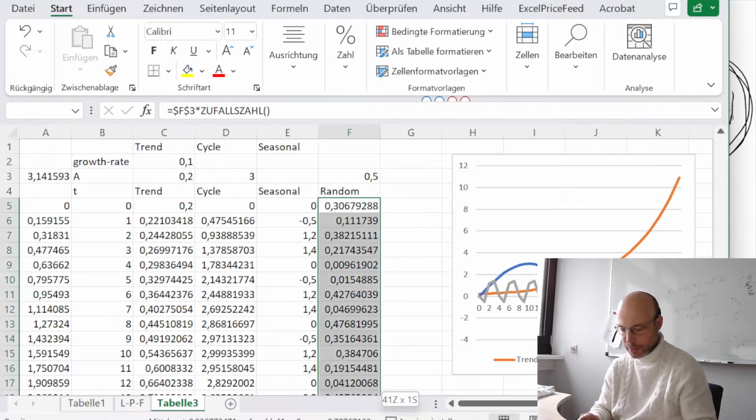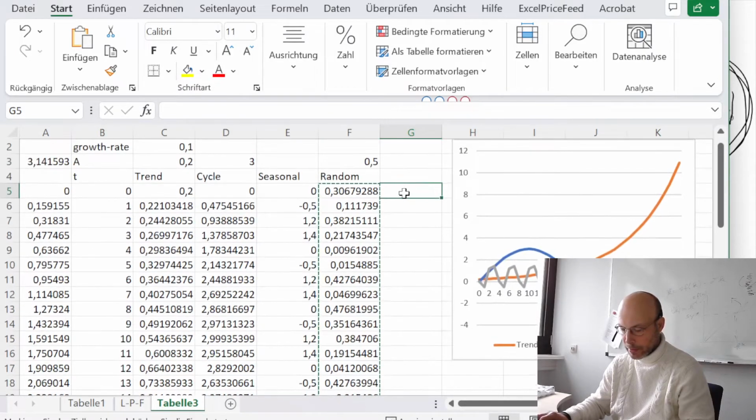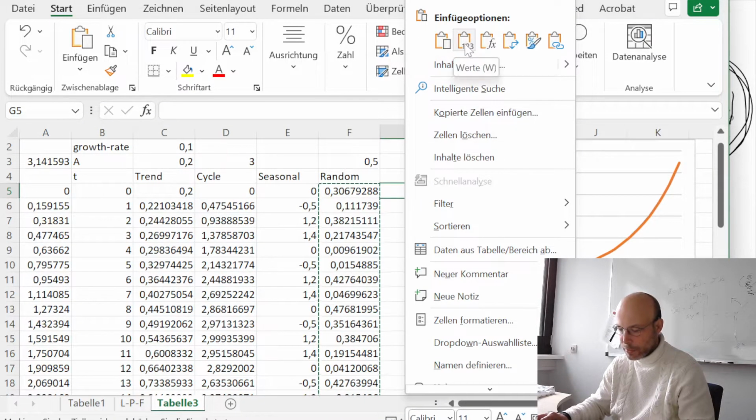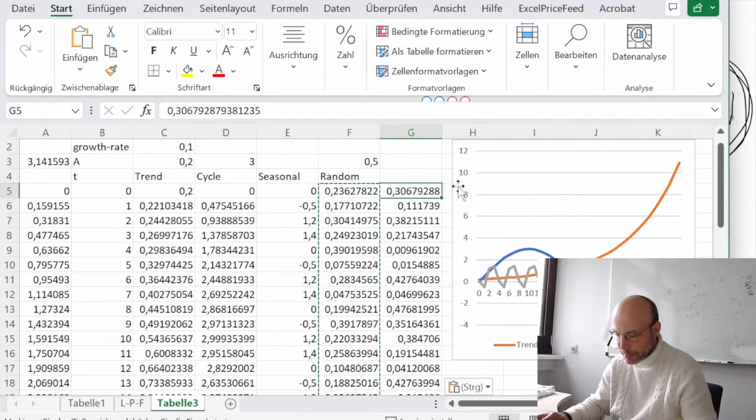So I will just copy these numbers and paste them as values here. Then I have my fixed values that I created the first time as the first time series.